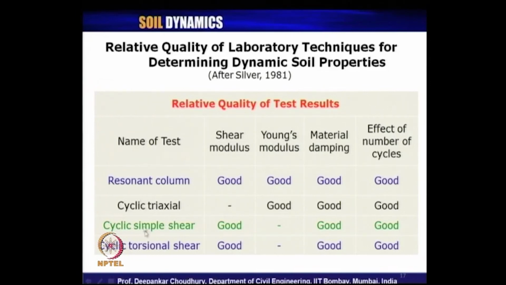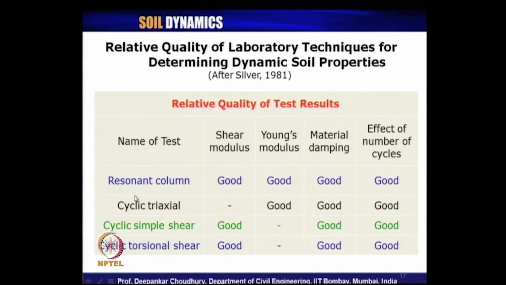This column gives the various laboratory tests: resonant column test, cyclic triaxial test, cyclic simple shear test, cyclic torsional shear test, and these are the parameters we are obtaining: shear modulus, Young's modulus, material damping and effect of number of cycles. For the resonant column test, we get a good estimation of shear modulus, Young's modulus and material damping, and the effect of number of cycles is pretty well represented.